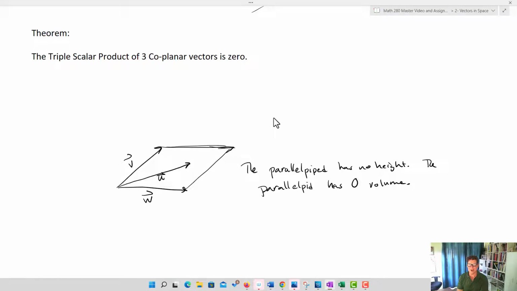All right, so if we have three coplanar vectors, then the volume of the parallelepiped ends up being 0, and that means the triple scalar product of the three coplanar vectors is 0. So if I want to determine whether or not three vectors are coplanar, I'm going to find the determinant, or the triple scalar product, and see if it's 0. So let's try that out.